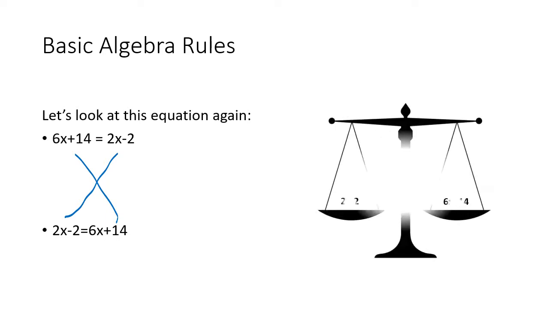Sometimes you'll want to do that, because if the x's are on the right instead of the left, and if you're like me, I like to solve equations where my x's are always on the left, then I will just switch them around like I did here in this example. So it's okay to do that. That still keeps it balanced.